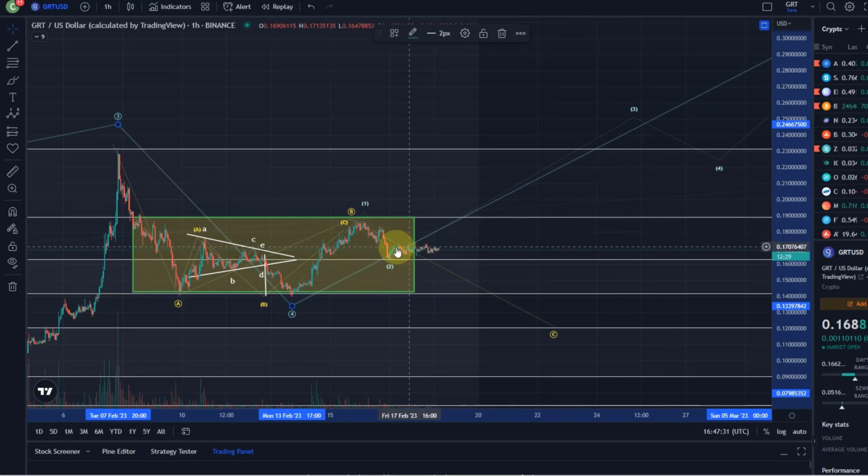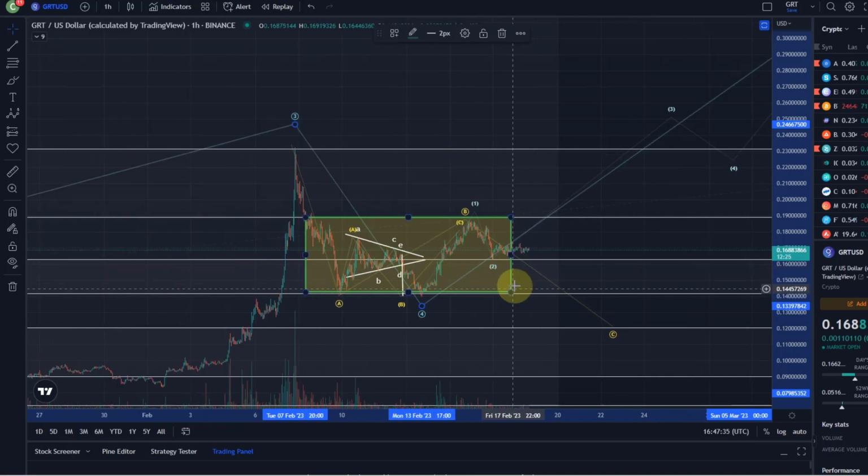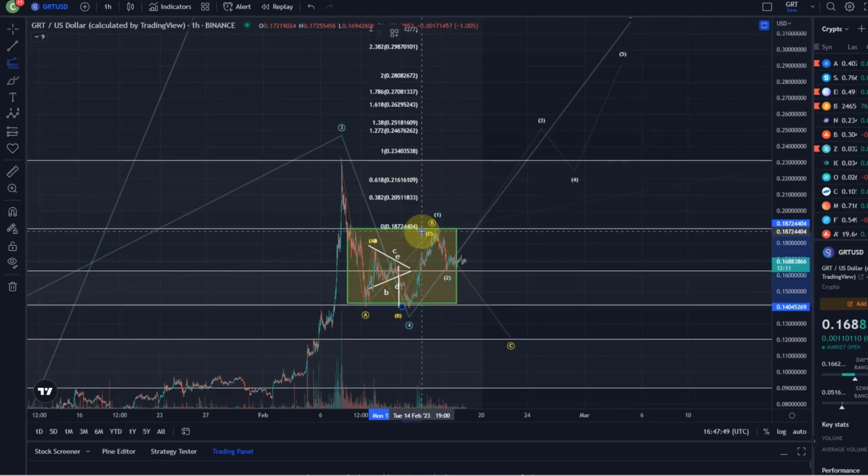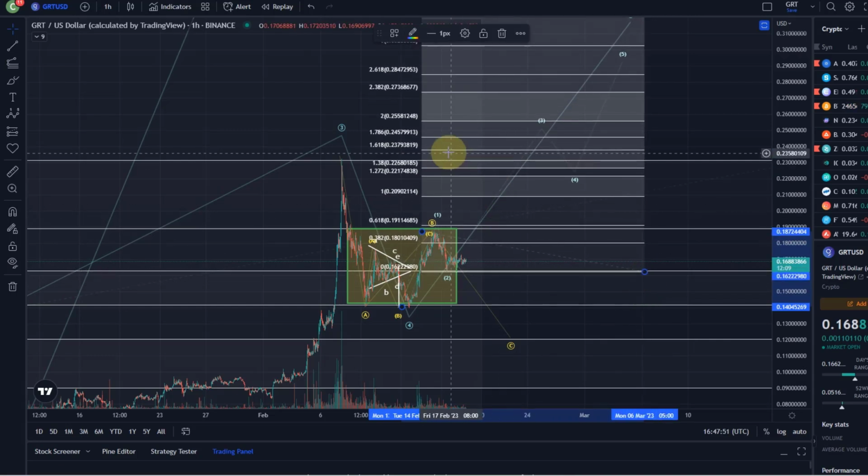But does this look like the start of a third wave rally? Not to me. At the moment it is not unlikely to break that low. But if we rally above the recent high, which is here at 18.4 cents, it could indicate the start of the third wave rally, and that could take us to 23.8 cents as a minimum.